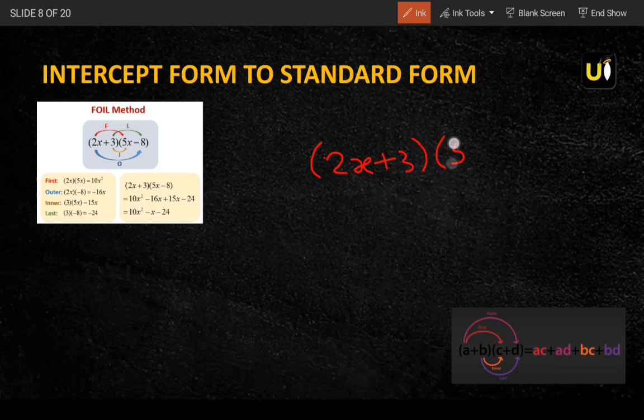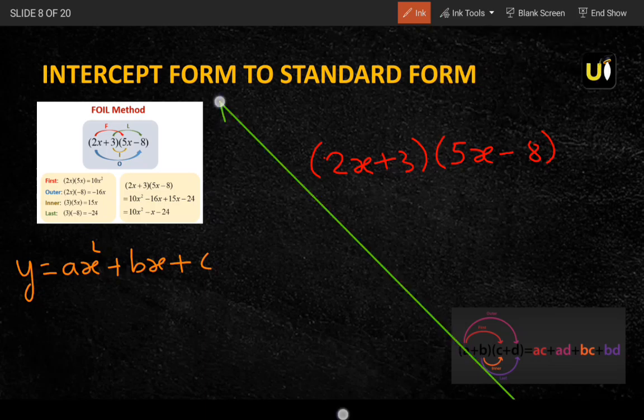It is y is equal to ax square plus bx plus c. So basically this is the standard form and this is the intercept form. To convert this intercept form to standard form, we follow the FOIL method.